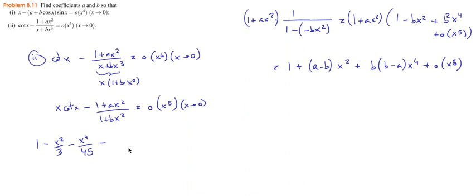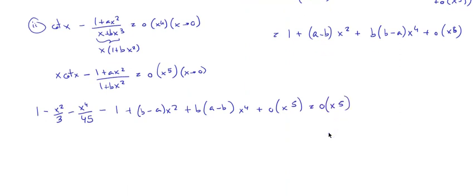So these are these terms. So you have 1 minus 1 plus b minus a times x squared, right? And then we have minus this, so plus b times a minus b x to the 4th, and then everything else is plus small o of x to the 5 equals small o of x to the 5, right?